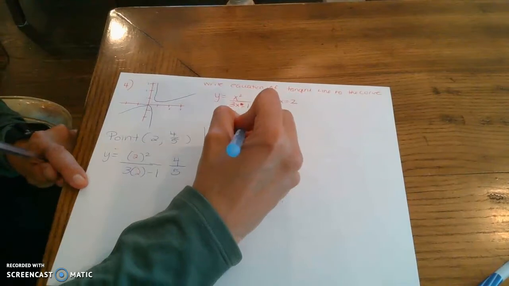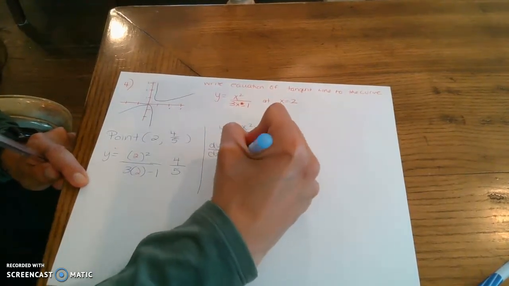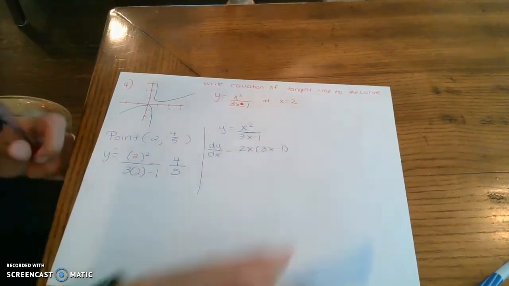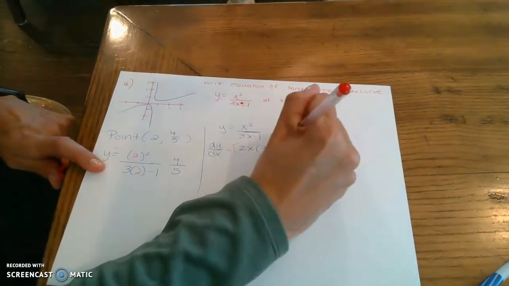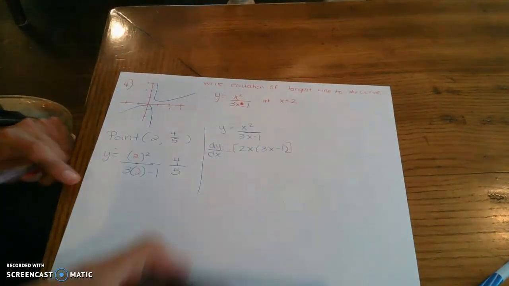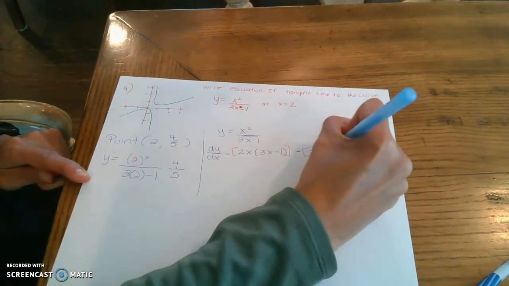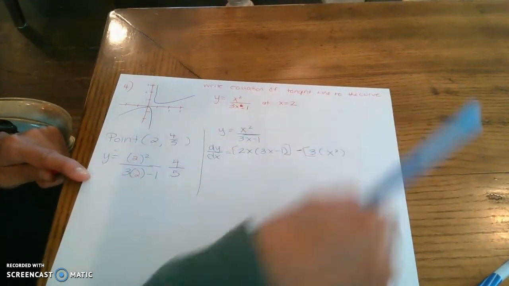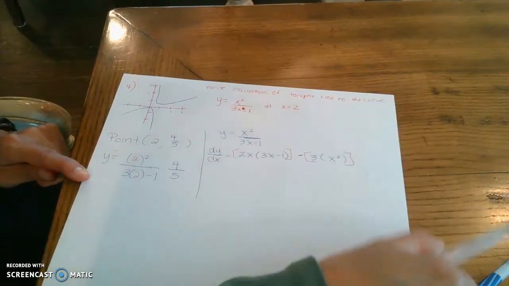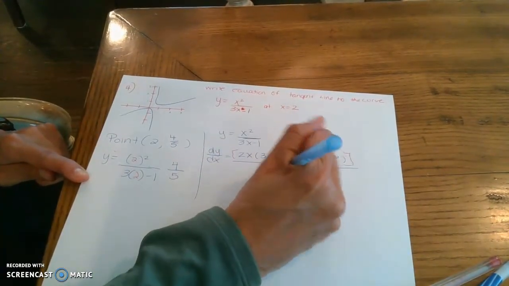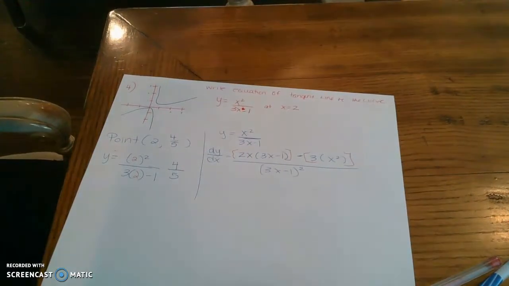So here, the derivative of the first is 2x times the second, 3x minus 1. That whole thing is the first part, minus the derivative of the second, which is just 3, times the first, which is x squared, all over the second, which is 3x minus 1 squared. All right, so I did the quotient rule.